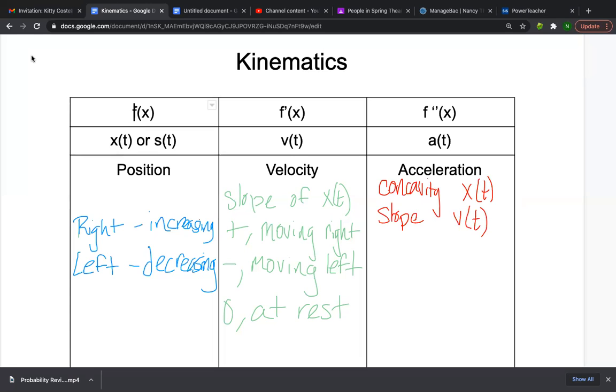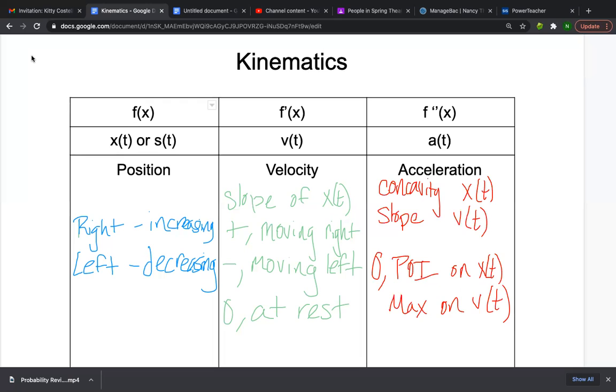When acceleration is 0, then we know it's a point of inflection on x of t. And we know that it's a max or min on velocity. Okay, so I know that some of this might sound different, but really you've already learned this lesson, which is a nice way to start the semester.